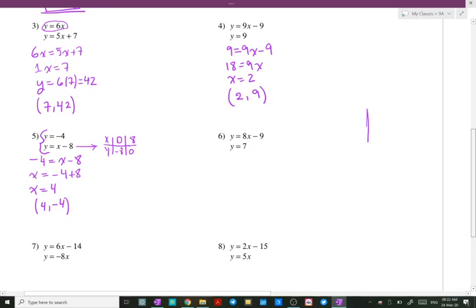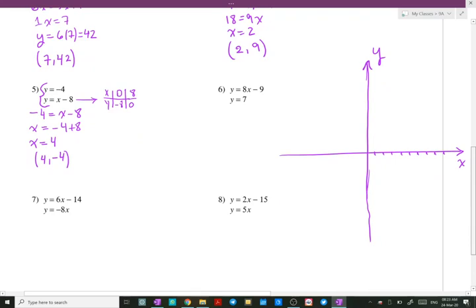You draw your y-axis and your x-axis. You take the unit measures 1, 2, 3, 4, 5, 6, 7, 8, 9, and you start when x is 0, start graphing the line.